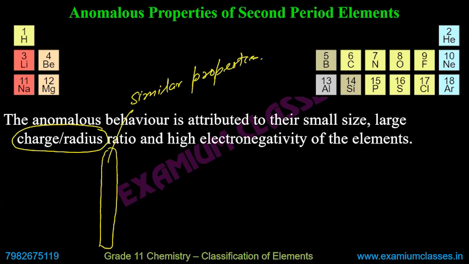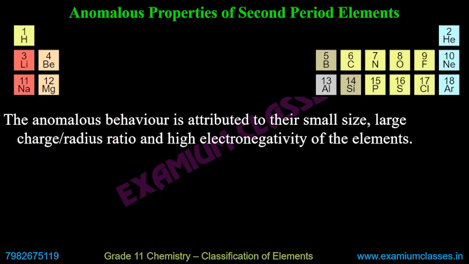The underlying reason is that their charge by radius ratio is same. Sometimes this question is asked. The same periodic properties, the chemical and physical properties of the elements, are attributed to what? Are attributed to their charge by radius ratio. That's what you need to remember, how much charge is there and how much radius is there.